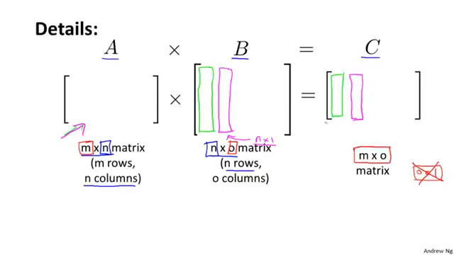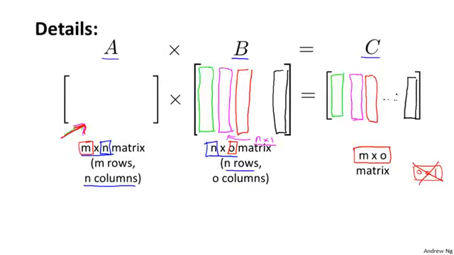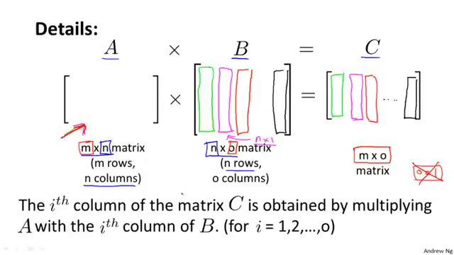Then I'm going to take the third column, multiply it by this matrix, and I get an m-dimensional vector, and so on until you get to the last column: the matrix times the last column gives you the last column of C. Just to say that again, the ith column of the matrix C is obtained by taking the matrix A and multiplying it with the ith column of the matrix B, for values of i from 1 up through o.